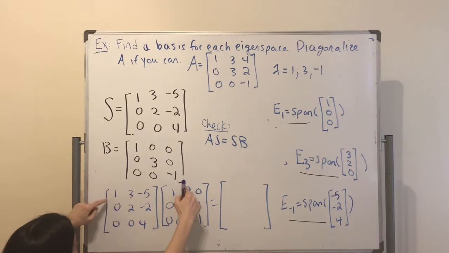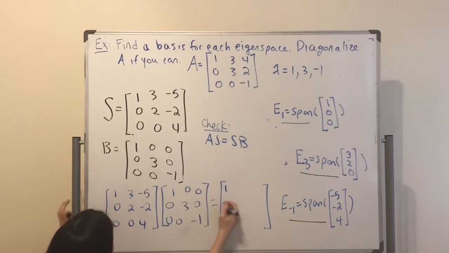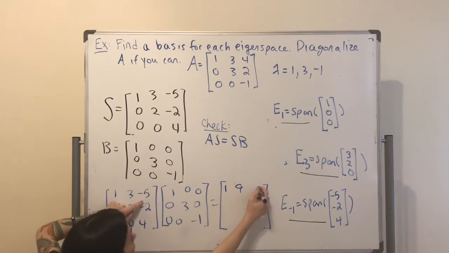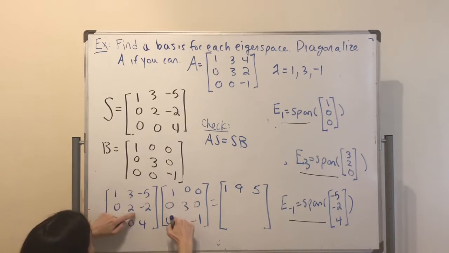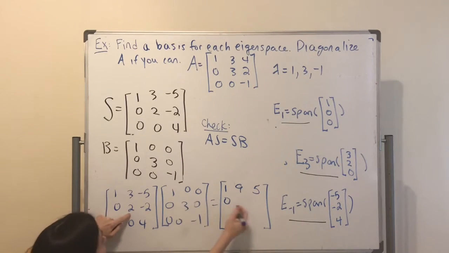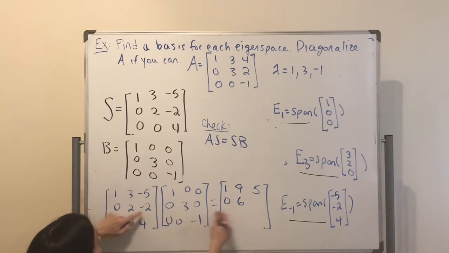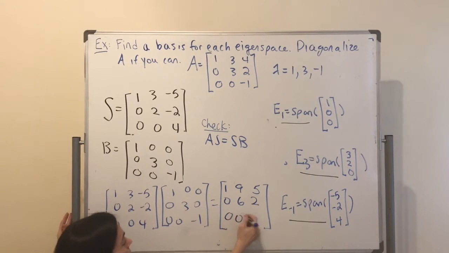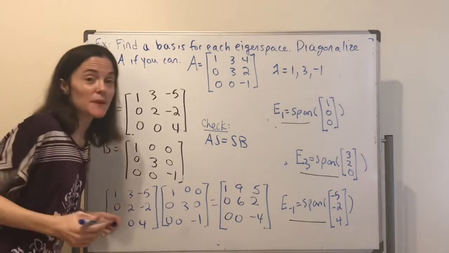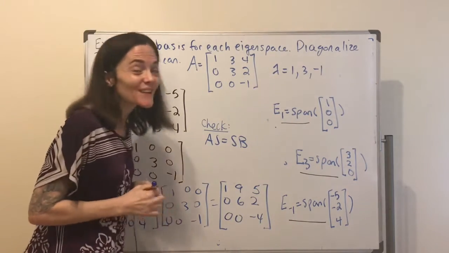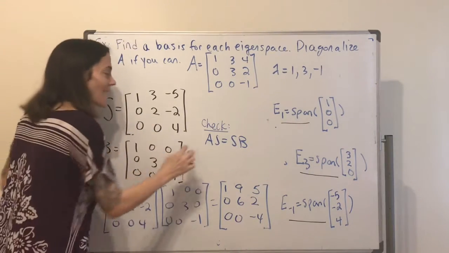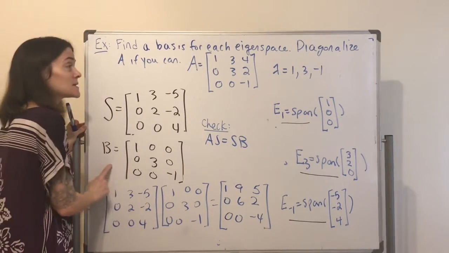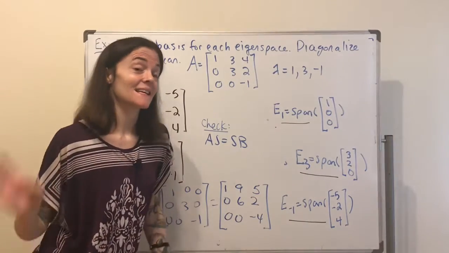SB is... So this is what I get for SB. Maybe I will leave it as an exercise for you, although it's not too bad. You just multiply that. AS is also this matrix. So this S and this B are the diagonalization of A.